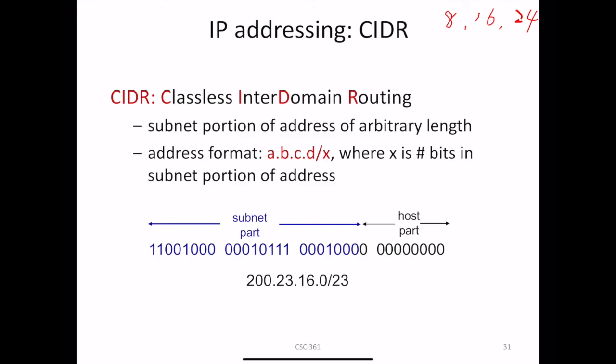So for example, 255.255.255.0/24. With this IP address domain, we will know the first 24 bits represent the subnet mask, and only the last decimal number is the host part.